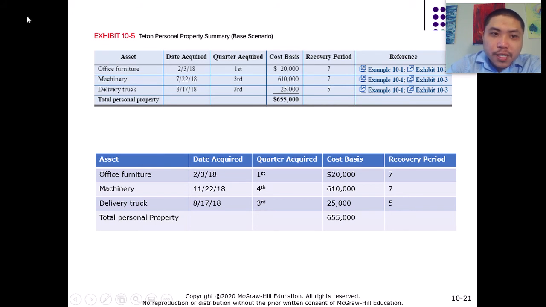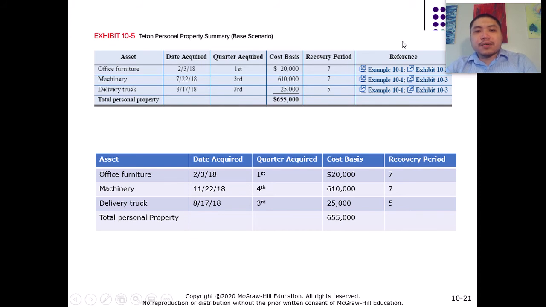The office furniture, which we assume is put into service right away after acquisition, was acquired on February 3rd, the machinery on July 22nd, and the delivery truck on August 17th, right? Based on the acquisition date, we can determine the quarter acquired.